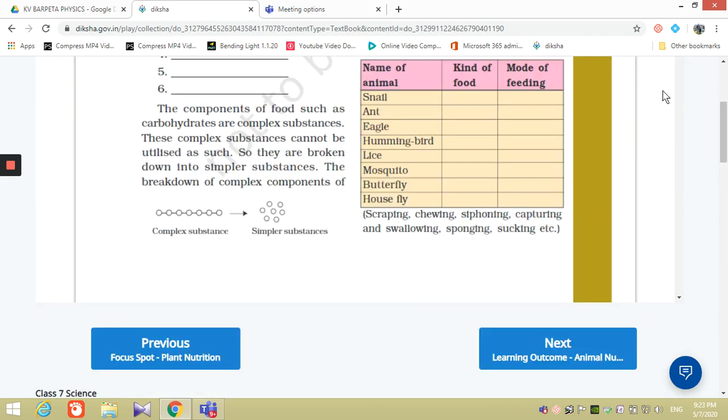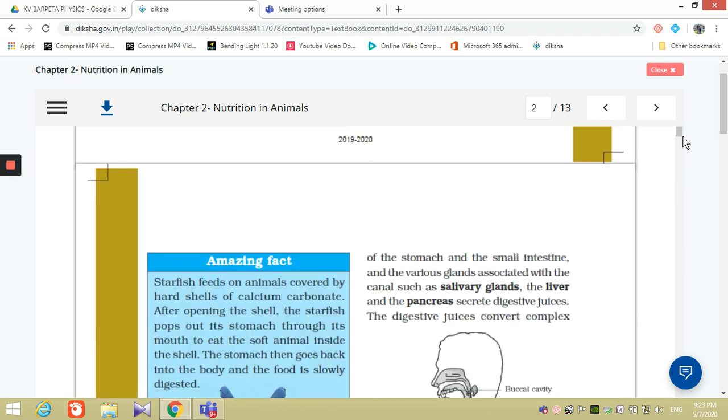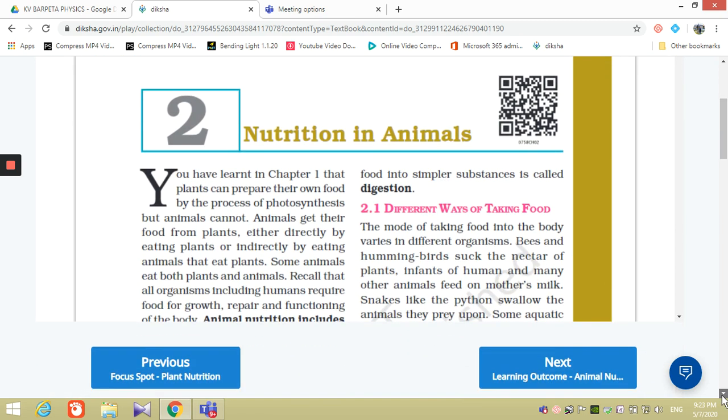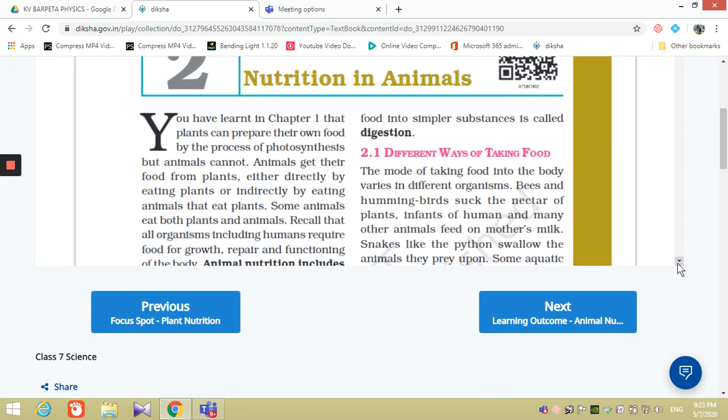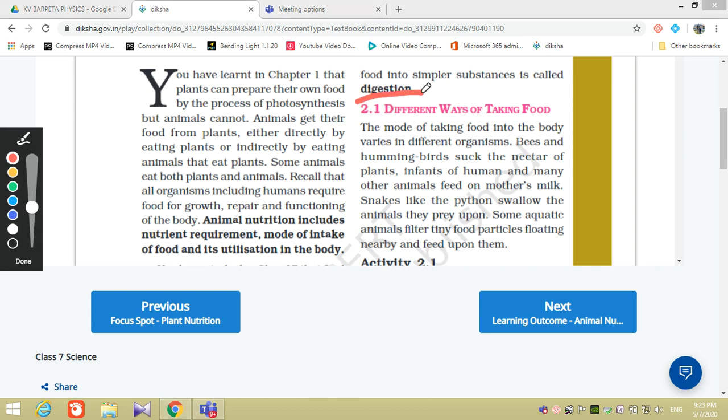Now let us see what that process is known as. This process of breaking down complex food into simpler substances is known as digestion. So this is the process in which the complex structure of the food is broken down into simpler substances.